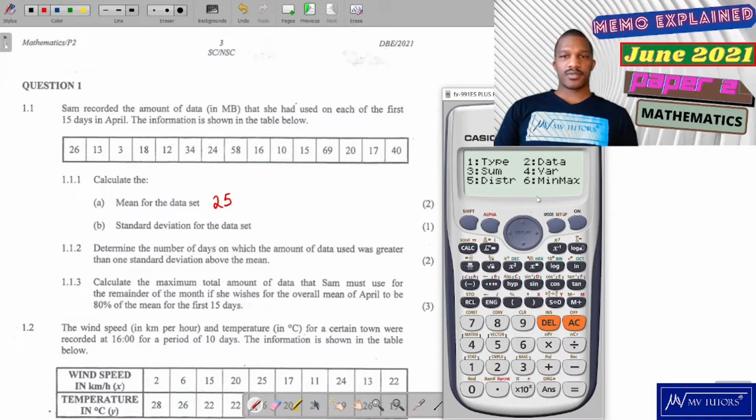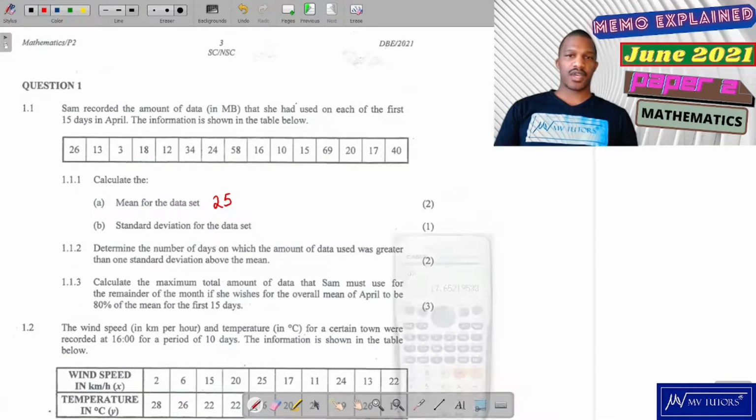Back to variables, which is number 4, and for standard deviation, it's this one, which is number 3. That's the symbol for standard deviation. So we'll press 3, and then equals, and we get 17.65. That's how you do that.